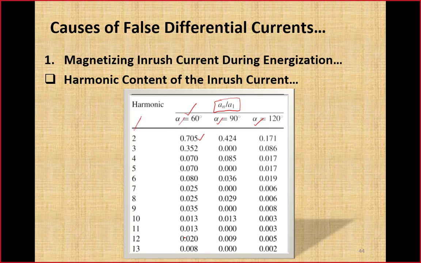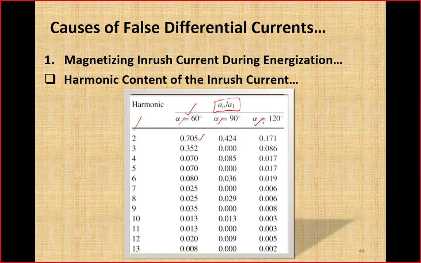Now if we look into the next situation where alpha was 90, although the harmonic components have been reduced and all odd harmonics have become 0 altogether, still even harmonics, second, fourth, sixth and onward, have sufficiently high magnitude. The second is as high as 42% of the fundamental.